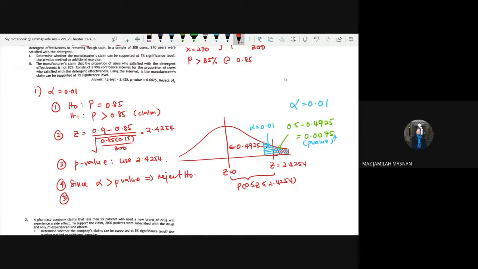So number 5, conclusion. The claim is at the alternative, and we reject the null hypothesis.